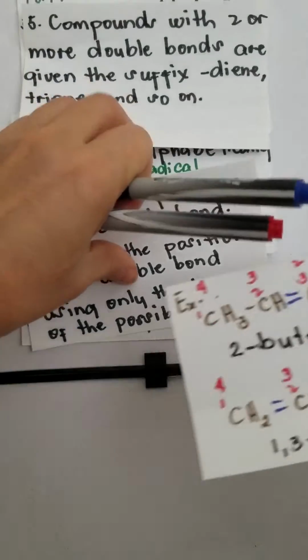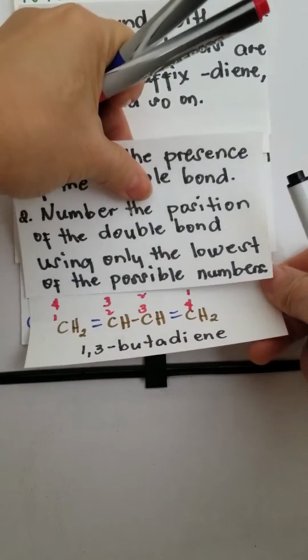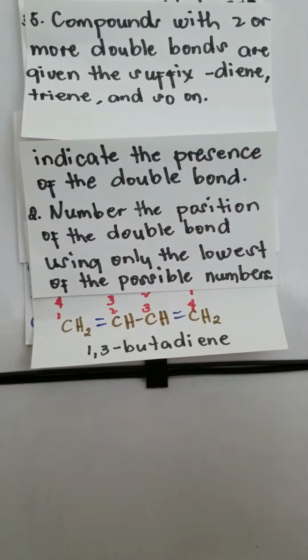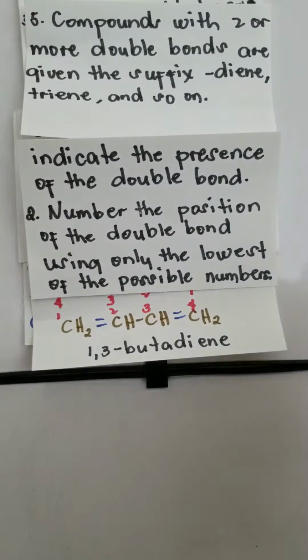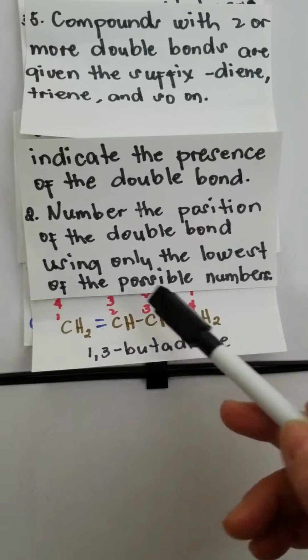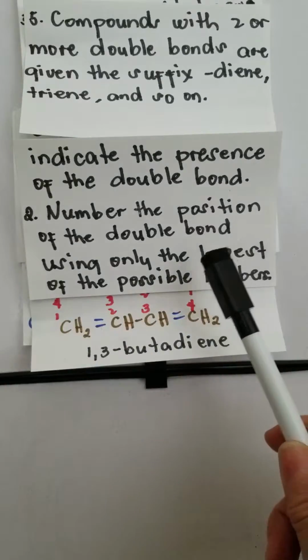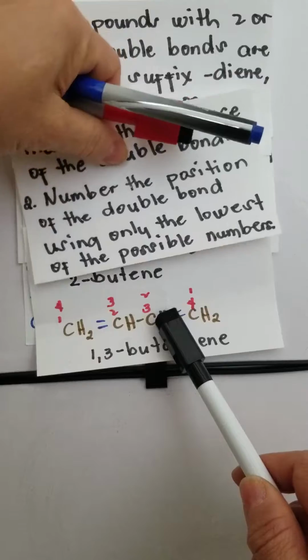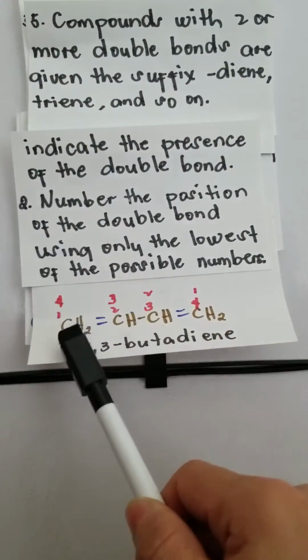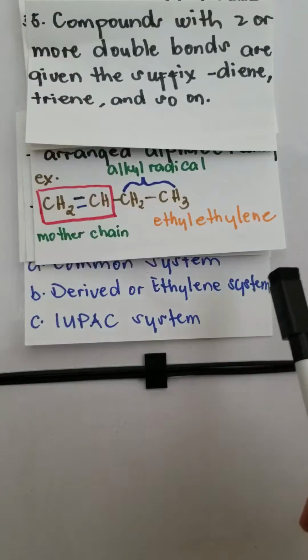Okay, just have this. All right, now in this example you have 2 double bonds present in the structure. So at what end do we start? Either way. Why? It's because these 2 are nearest, at the same location.